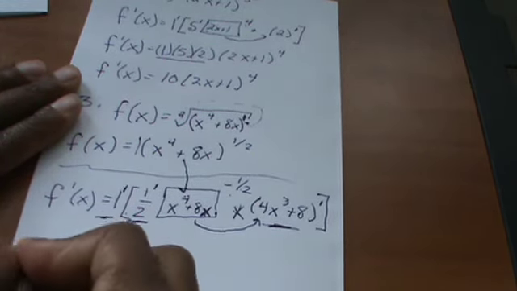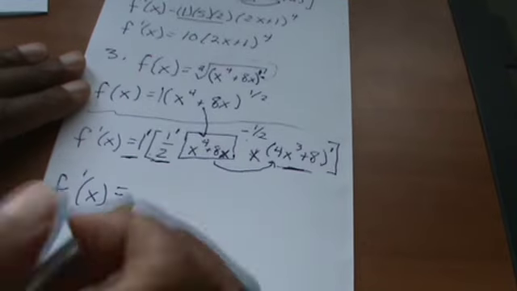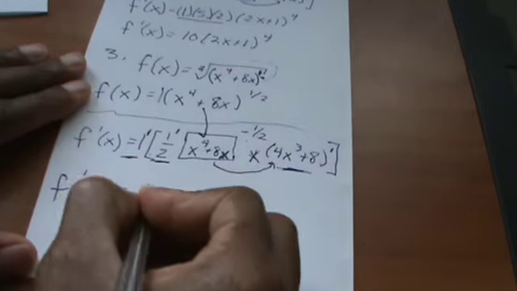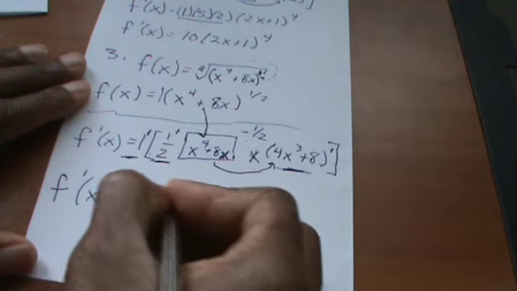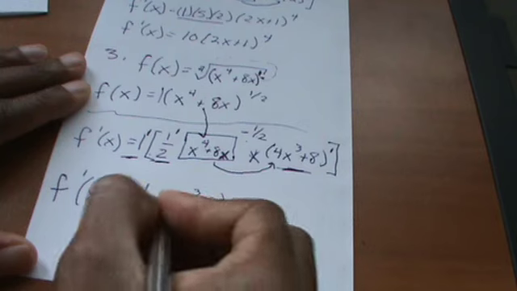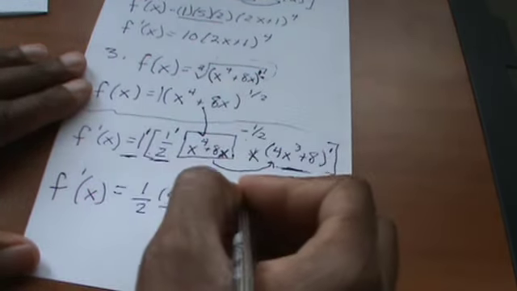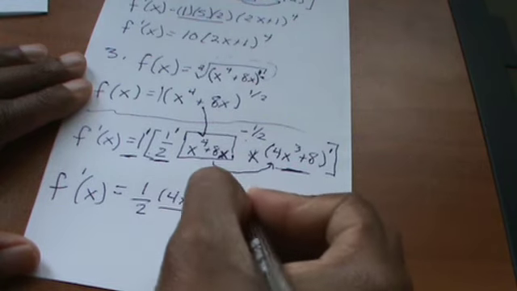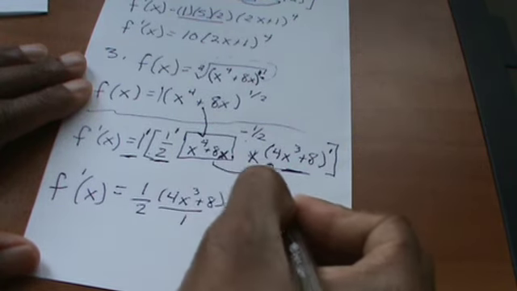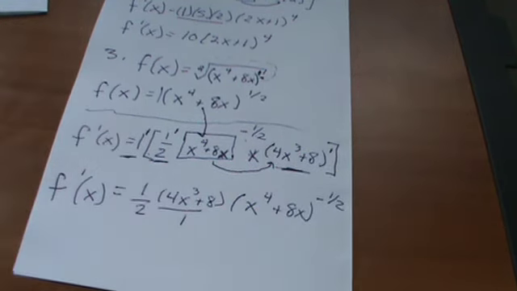So you can put those right next to each other if it makes you more comfortable. Okay, the 1's not going to do anything, but 1/2. And then we have 4x cubed plus 8. Let's put that over 1 since dividing by 1 doesn't do anything. And we also have (x to the 4th plus 8x) to the negative 1/2 power. Okay, so we're getting there.